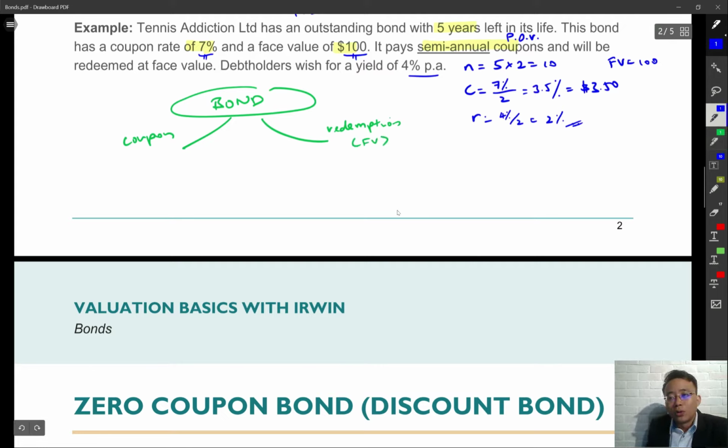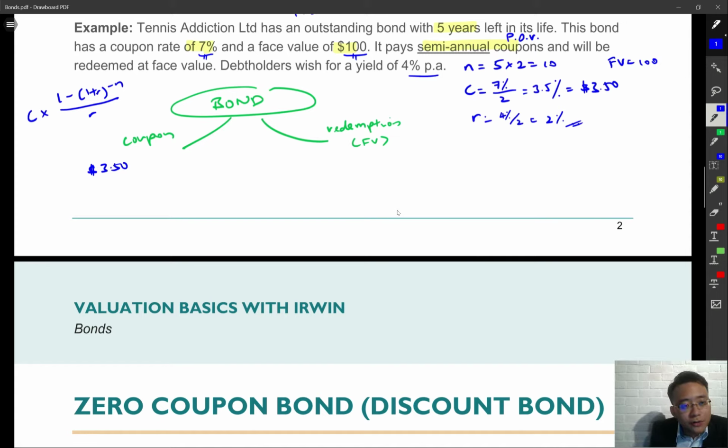So let's go. Now my coupon this time is 3.50. As a reminder, we're going to do an annuity. Formula: 1 minus 1 plus R to the power minus N over R. Just take your coupon and multiply by that. You will get the present value of your annuity. So 3.50 multiplied by 1 minus, now what is your R? 2%. Not 4, 2.